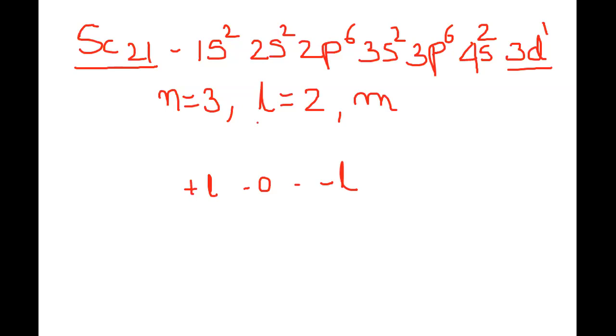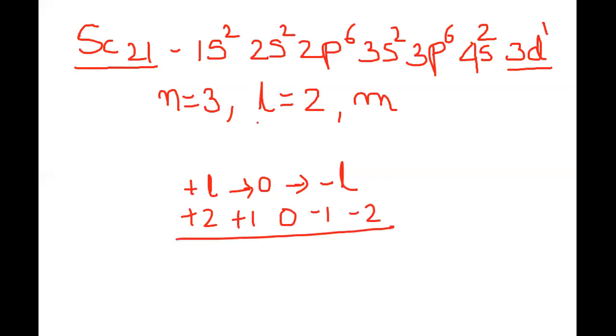So if l is 2, then the values are plus 2, plus 1, 0, minus 1 and minus 2. We have to talk about 3d1, so this is for the first orbital. So we will write plus 2.